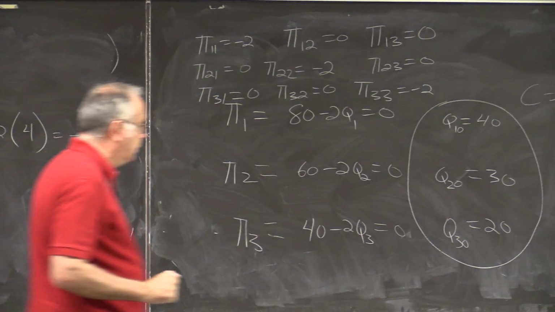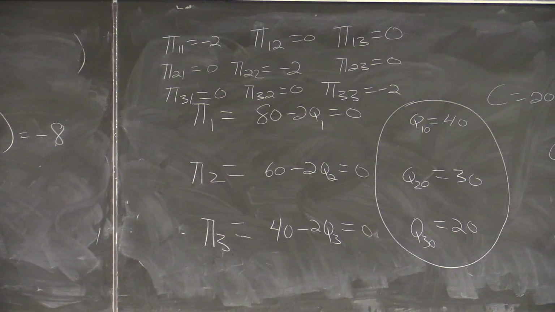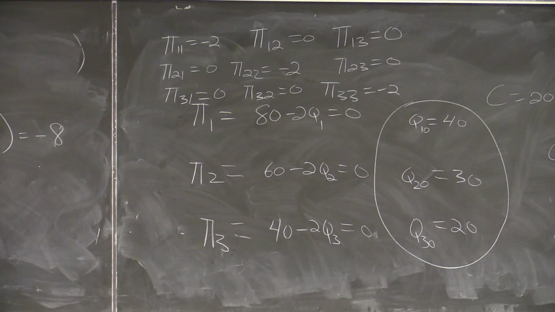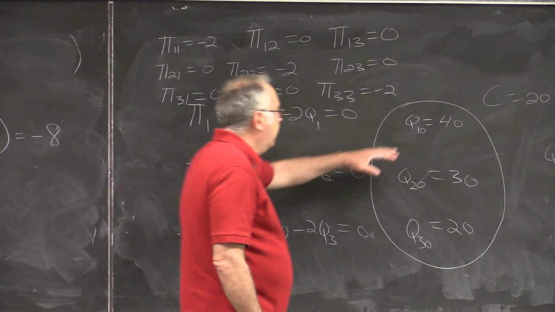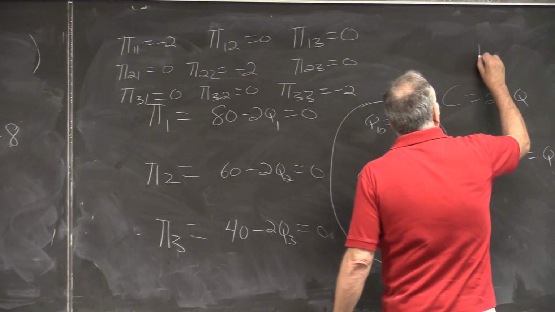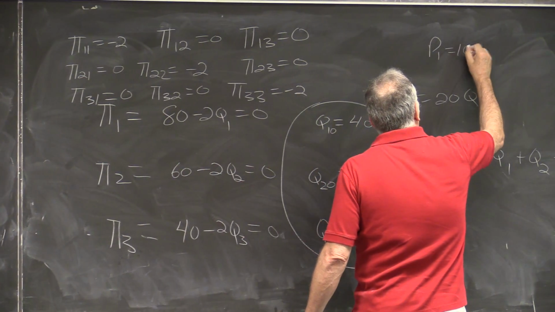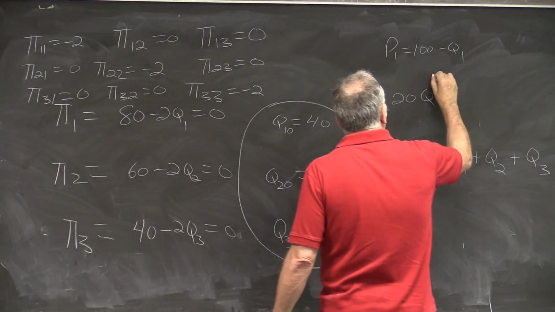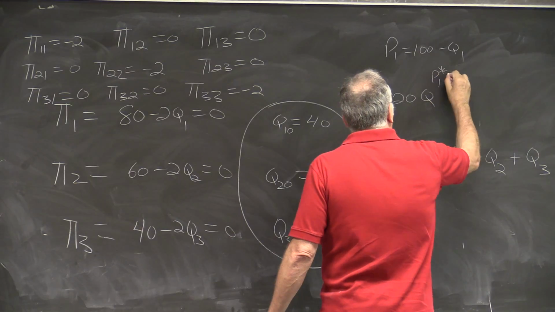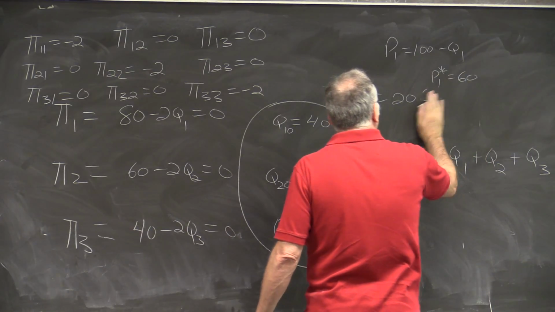If you go back to your objective function and plug in those values of Q1, Q2, Q3, that gives you the maximum profit. And that means in terms of prices, remember P1 was 100 minus Q1, so P1 star is 60. You should charge group 1 $60.